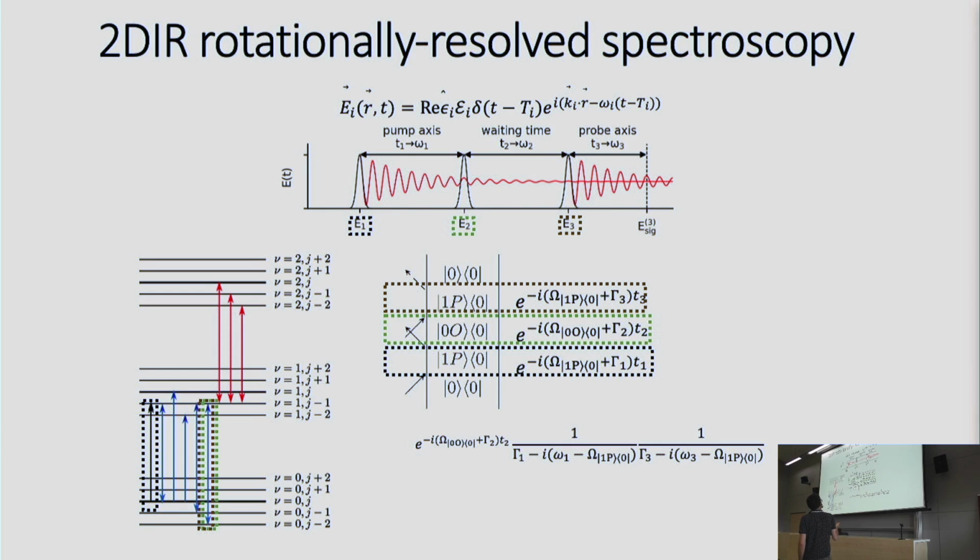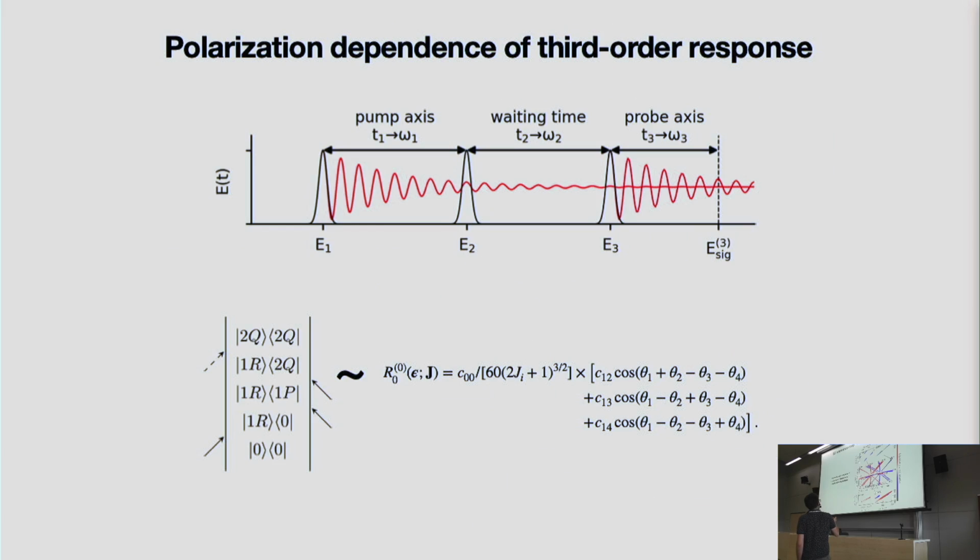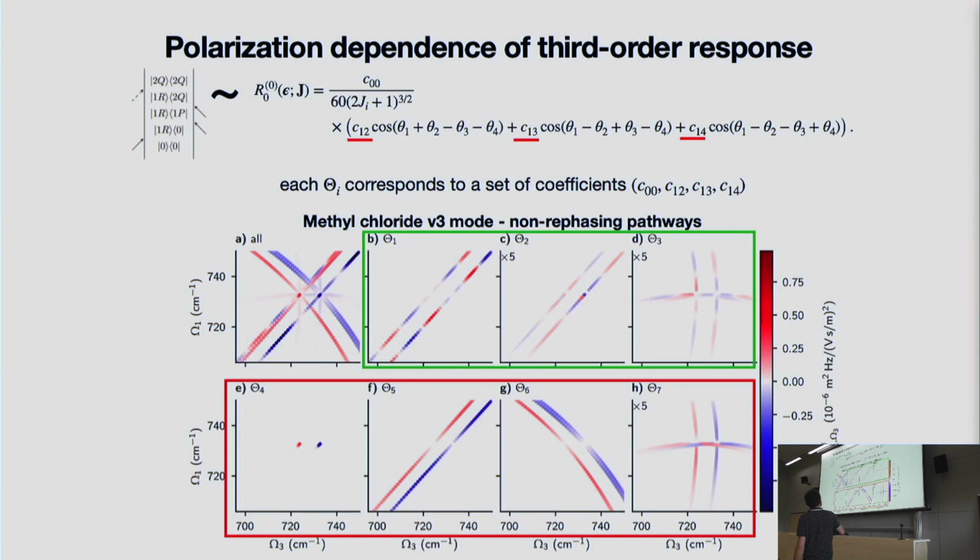Since this is already past time, what I wanted to show is that if you consider third order interaction, third order pathways, you can show that the polarization dependence for all the pathways is proportional to a factor which is a sum of 3 cosines. If you decompose the complete response, you only have 7 distinct classes.